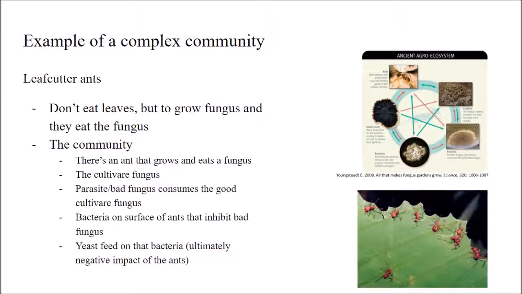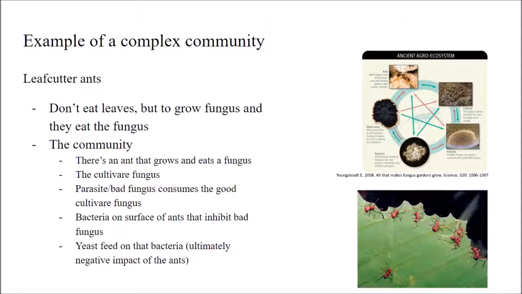There are many different examples of communities out there, but here's one that is very, very complex: the leafcutter ant colony. Leafcutter ants are very interesting because they don't eat leaves, but they use leaves to grow fungus, and then they eat that fungus.